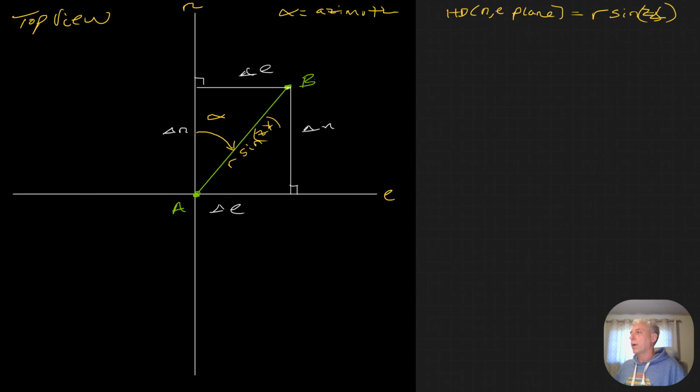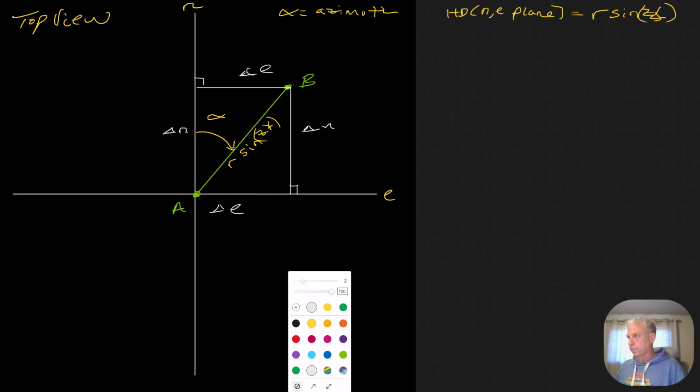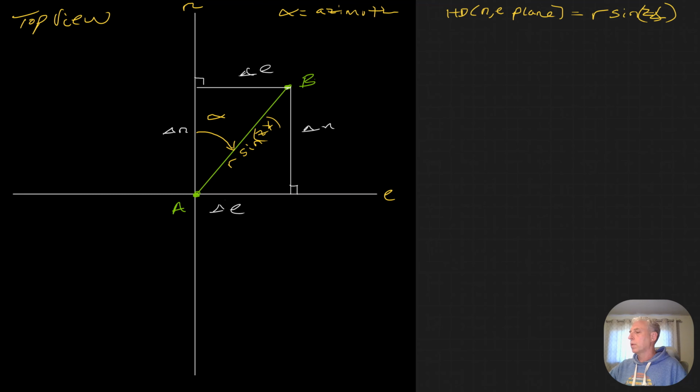And from the diagram, before we go further, let me just say the delta E, we also know that as the departure. And the change in the northings we know as latitude, which is a horrible name, but that's what we call that. So we have our latitude and departure.